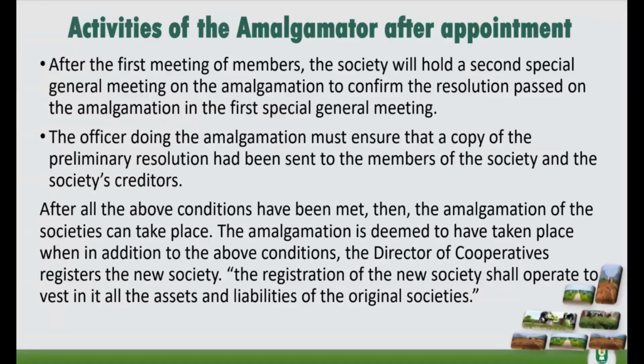After all the above conditions have been met, then the amalgamation of the society can take place. The amalgamation is deemed to have taken place when, in addition to the above conditions, the director of cooperatives registers the new society. The registration of the new society shall operate to vest in it all the assets and liabilities of the original societies.